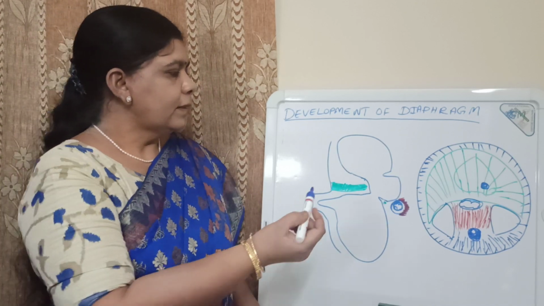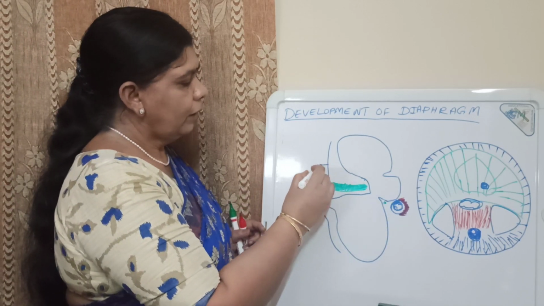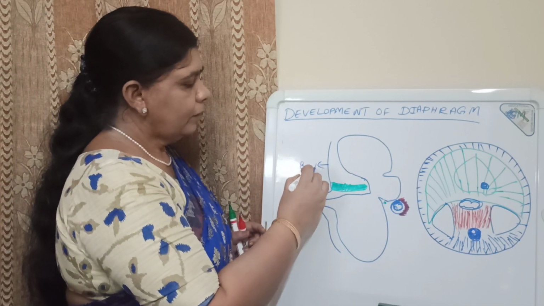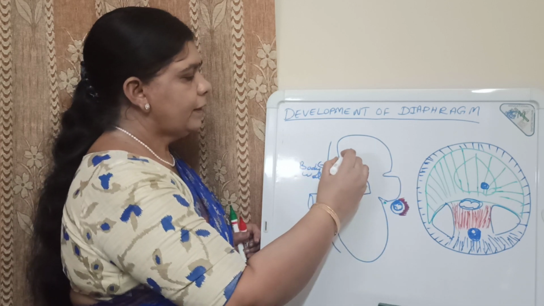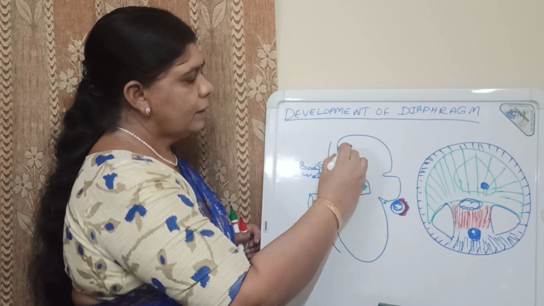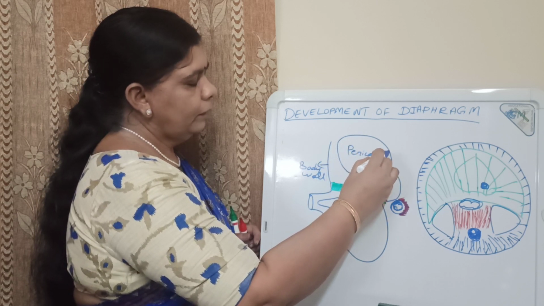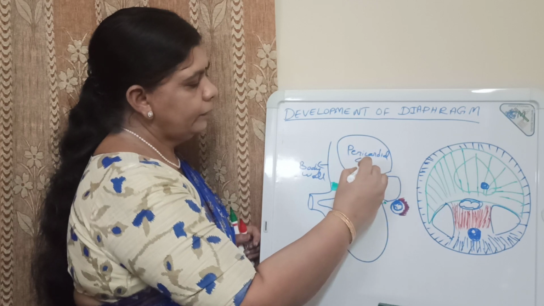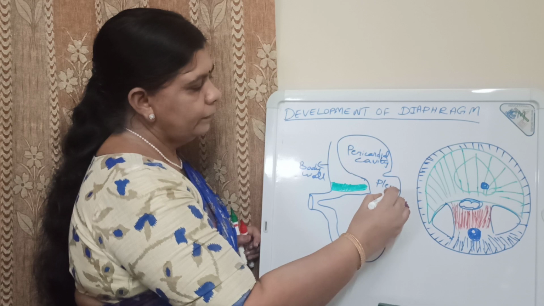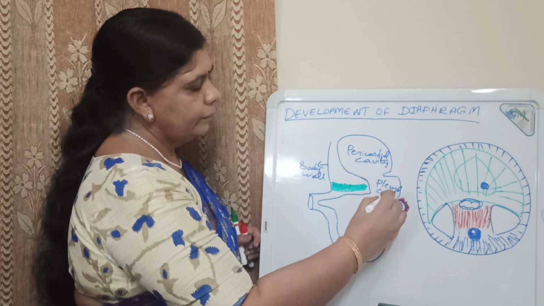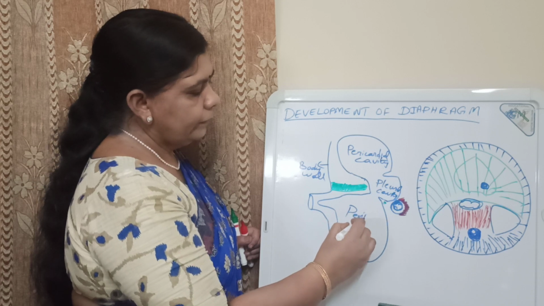If you see this diagram, this is the body wall. Coelomic cavities are developing. So this is the pericardial opening, pericardial cavity, pleural cavity, and this is the peritoneal cavity.